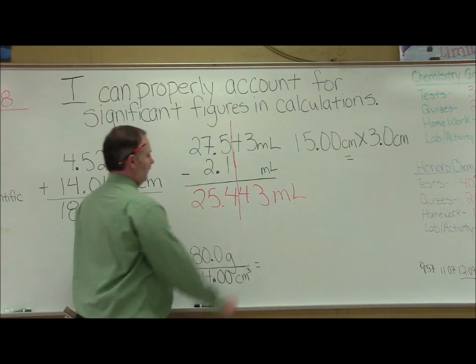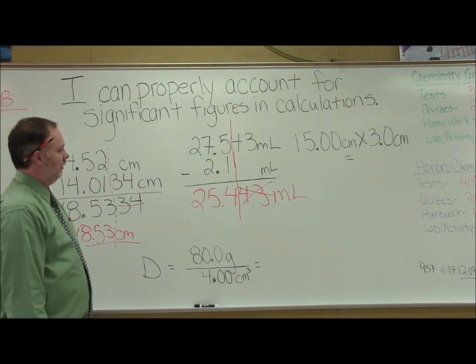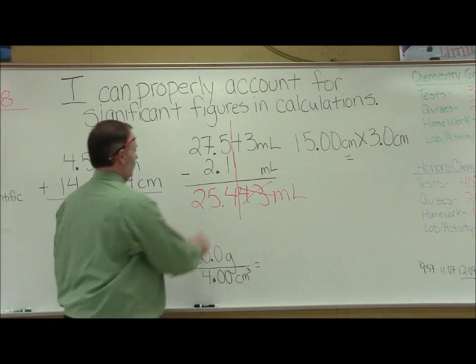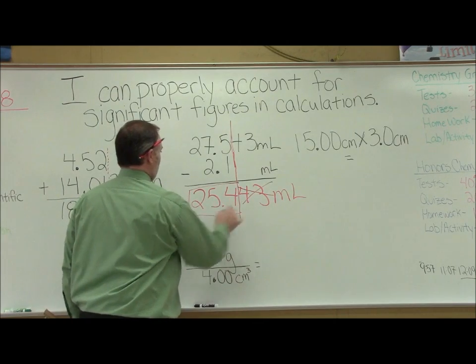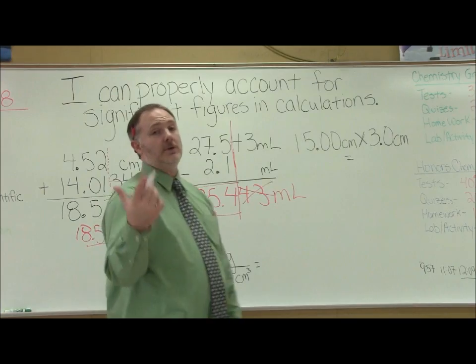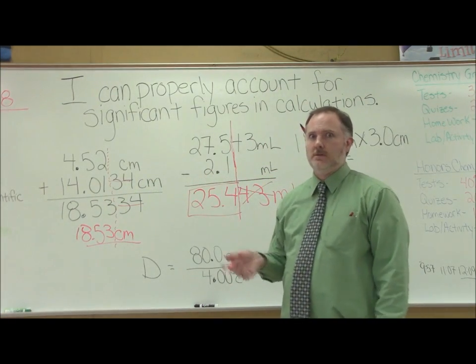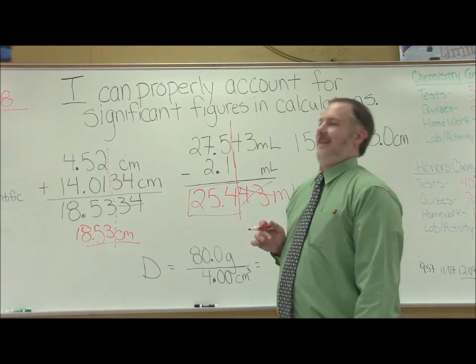So I need to cut off those 2 numbers right there, and my answer will be 25.4 milliliters. So for addition and subtraction, I want you to remember, if it sticks out, cut it off.